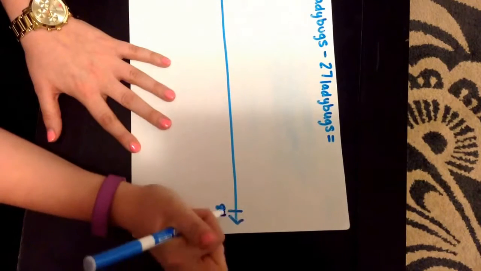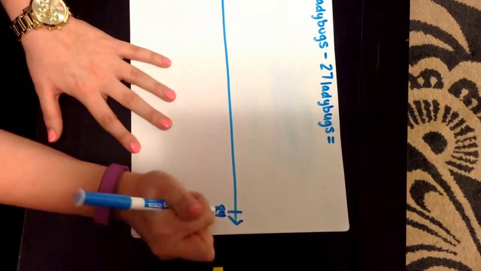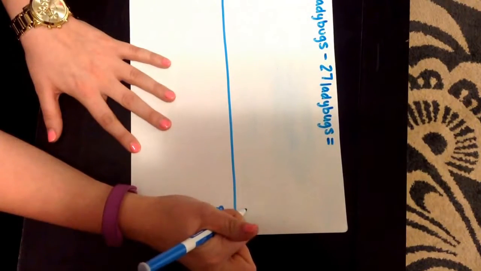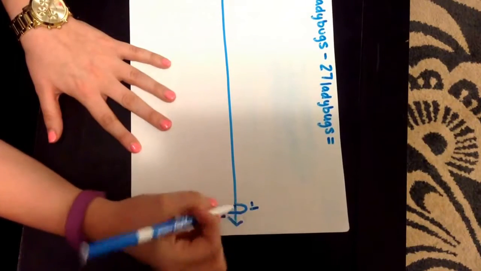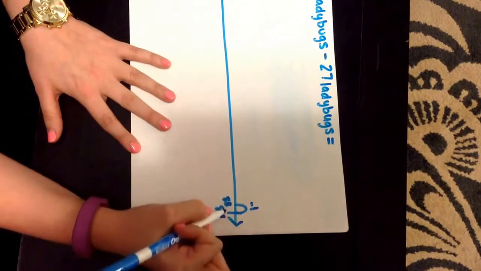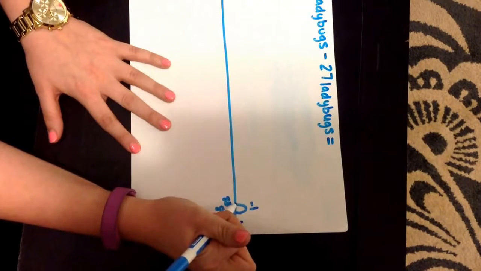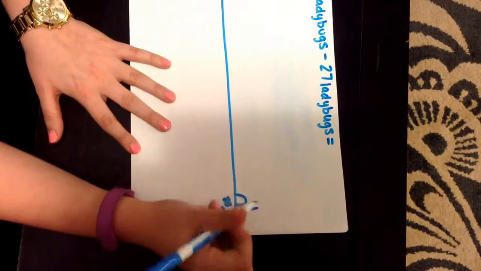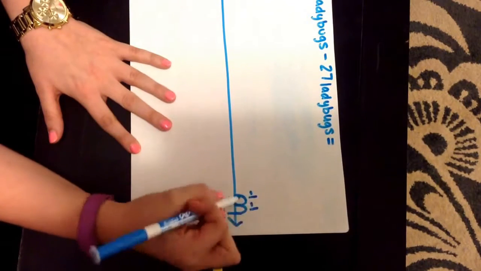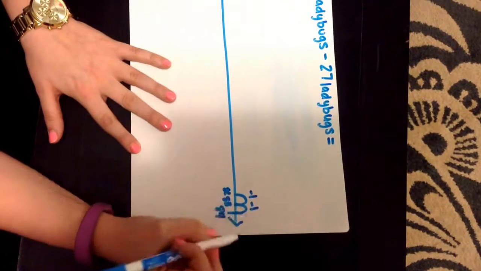So to subtract 27 ladybugs, we are going to hop back, counting backwards, subtracting 1, landing us at 83 ladybugs. And we're going to continue to hop backwards for 7 ladybugs. So we're going to hop a second time, subtracting 1 ladybug, landing us at 82 ladybugs.